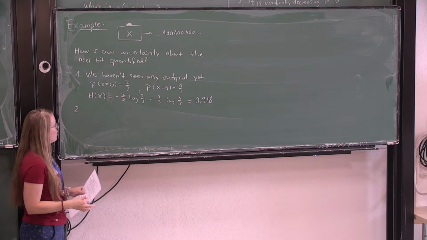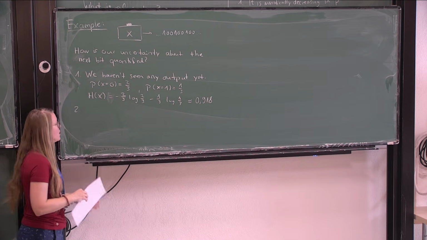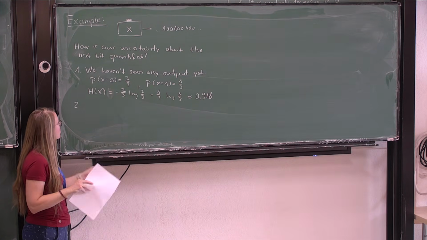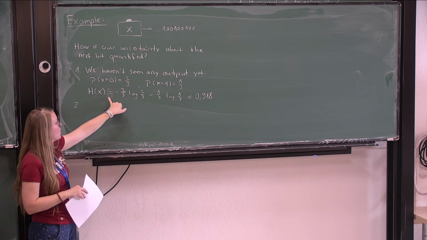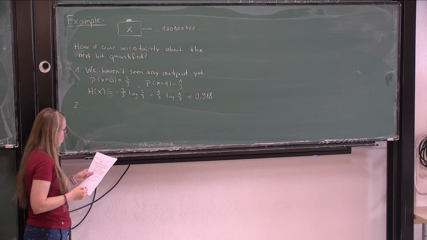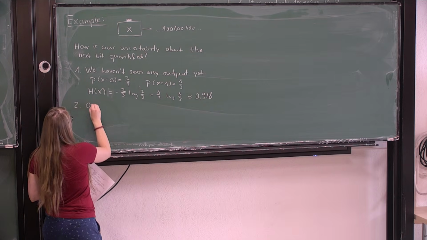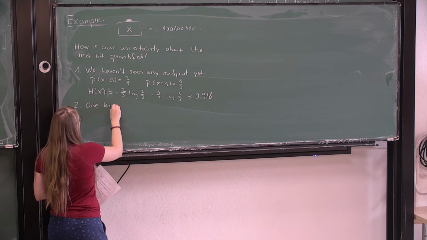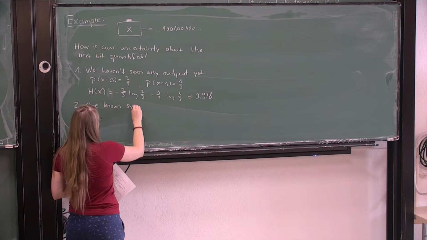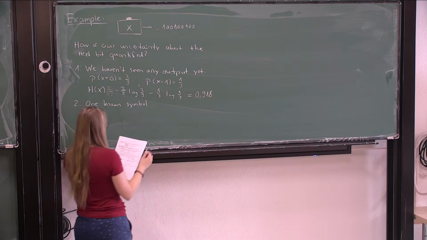Now in the second step, we have pressed the button once, we have seen 1 bit. I want to see how this quantity changes. How does our knowledge, how does the information we get out of this box change? So now we have one known symbol. So we have some side information.